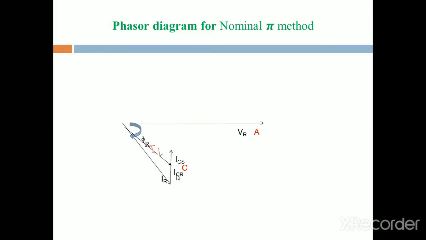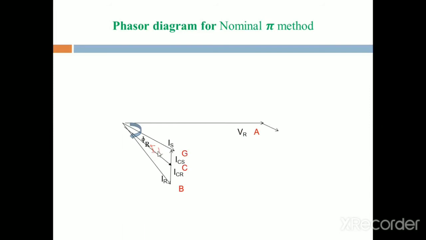At an angle of 90 degrees, we take ICR. By the vector sum of these, we obtain the IL. By adding this ICS and the IL, we obtain the IS. Mention this: this is the B, this is the C, and this is the G.